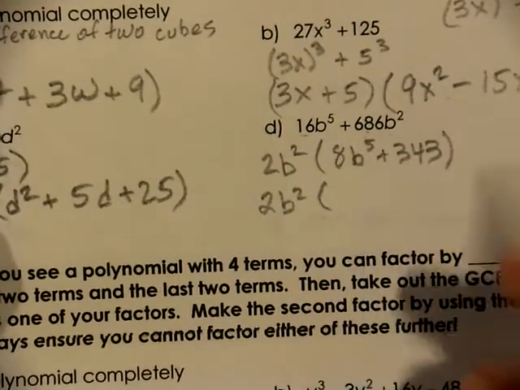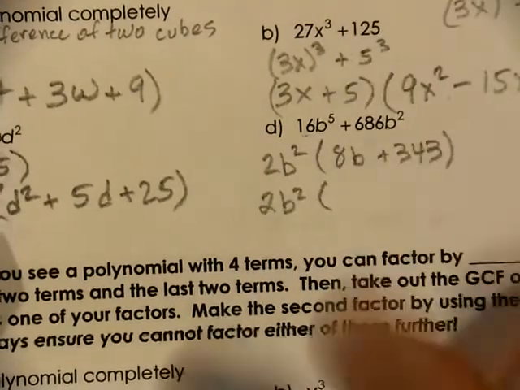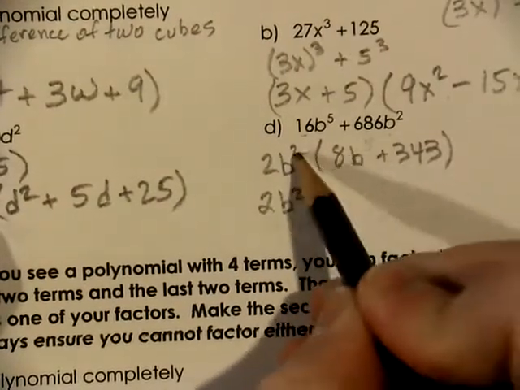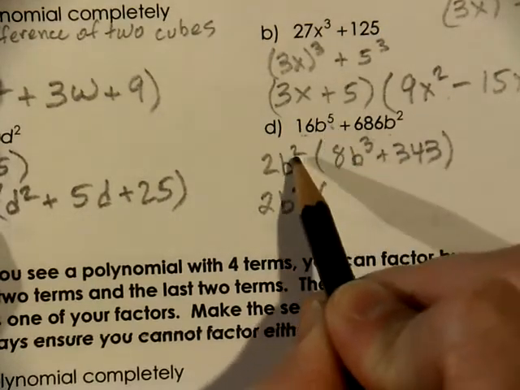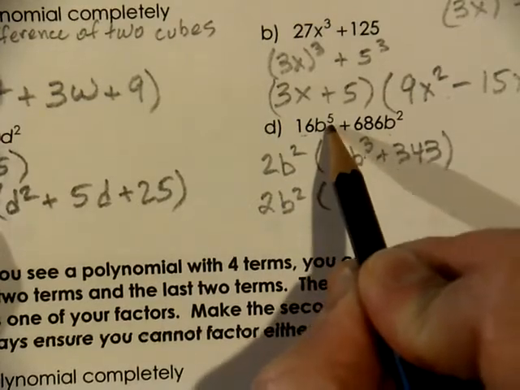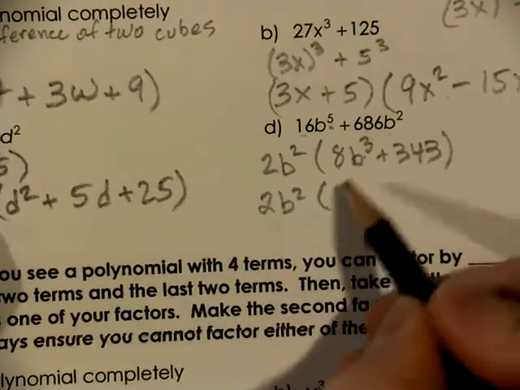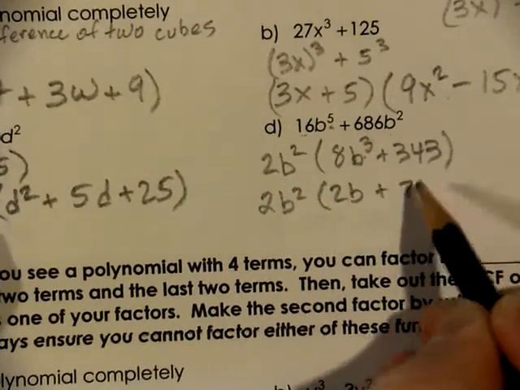Now when you take the cube root, let me see, that says a 5 there, right? But shouldn't it be, when you multiply, it would need to be a 3 to make 5. B squared, b cubed would multiply together to be b to the 5th. So that needs to be a 3. So 2b would be the cube root of that. 7 would be the cube root of that.